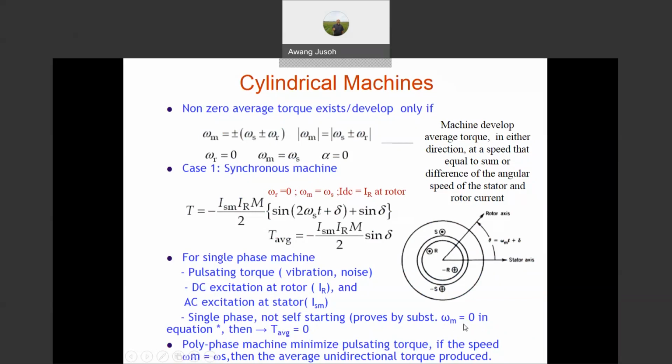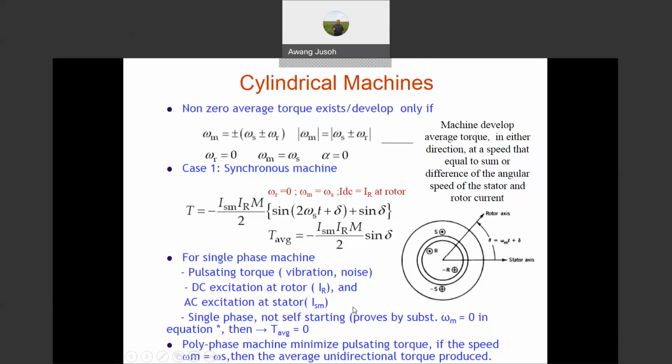So in order to get the torque, if the motor speed equals omega s, then the average unidirectional torque will be produced. So it's different: the motor does not have torque at starting. For the polyphase machine, which is more than single phase, the torque will be produced whenever omega m equals omega s.